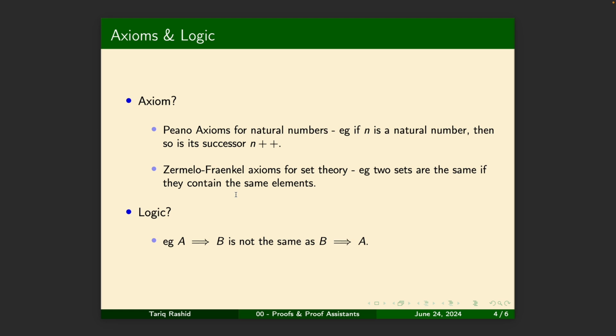Another set of axioms you might want to have a look online for are the axioms for set theories. So sets again are very fundamental, basic things, and defining the minimum set of things we have to believe are true about sets, that's quite an interesting thing to think about.